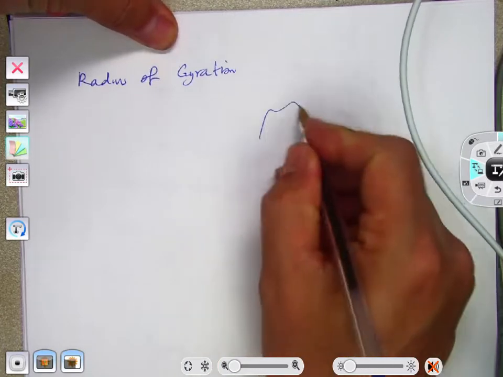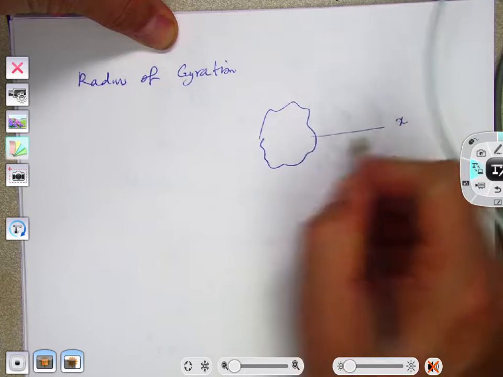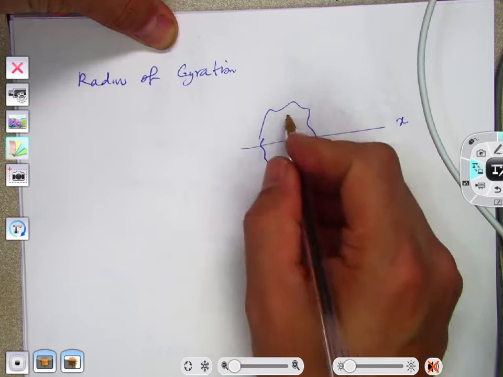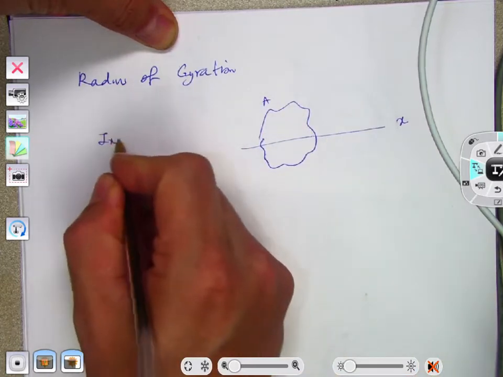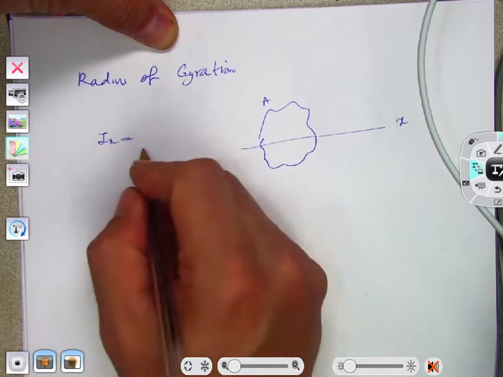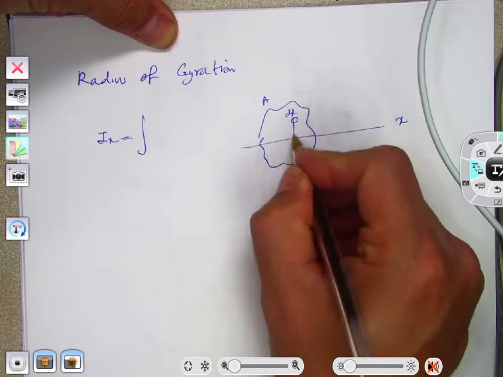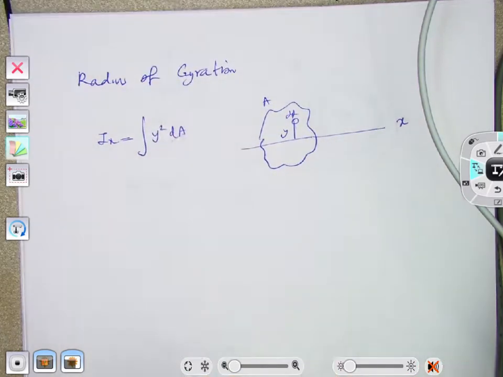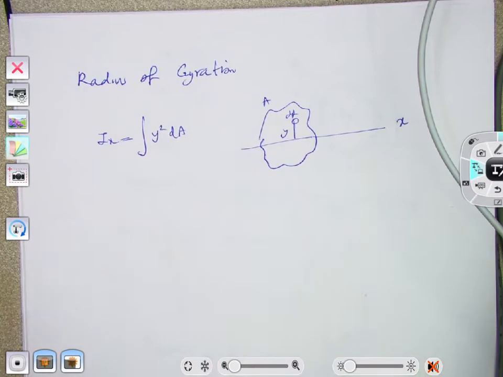If you have an area like this, and an x-axis, you guys learned already that moment of inertia about the x-axis can be defined by this integral, the integral of y squared dA, which we can evaluate.